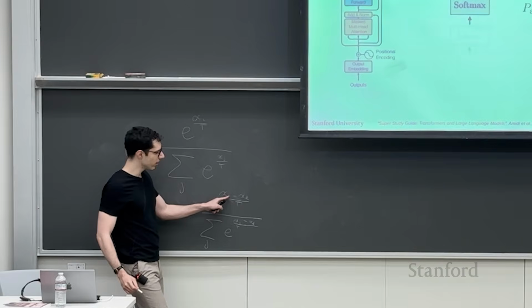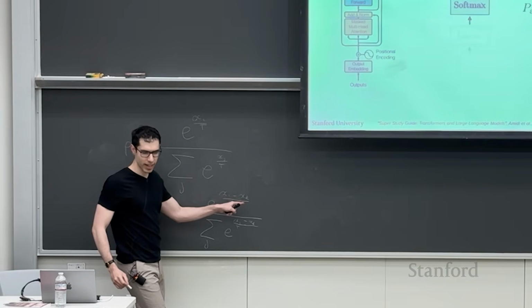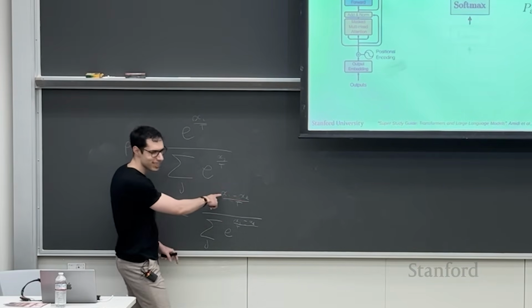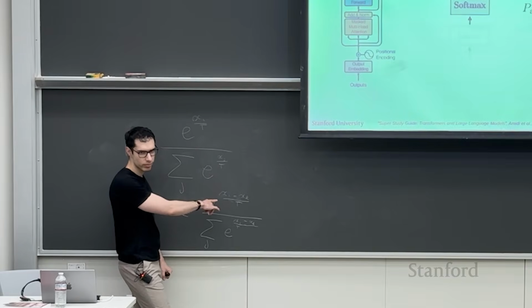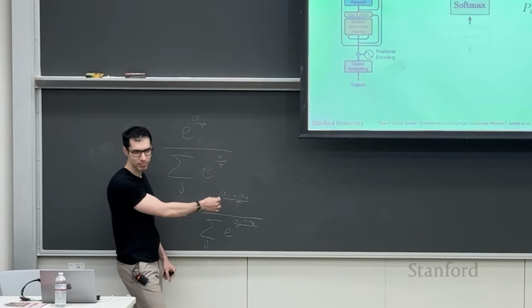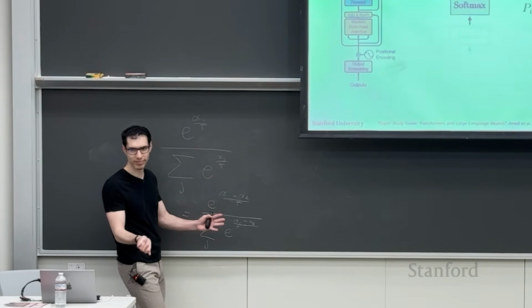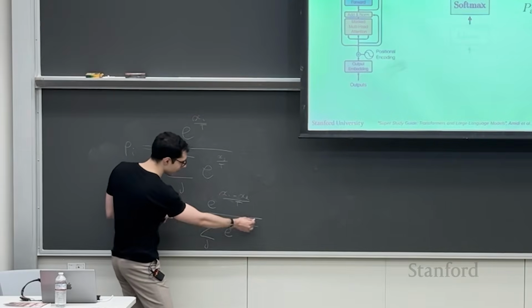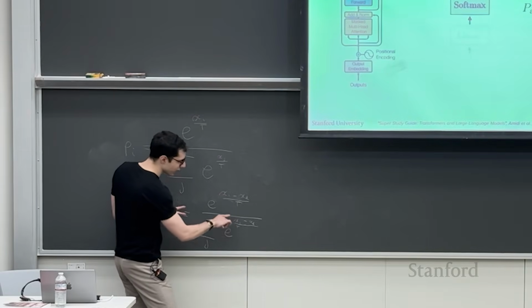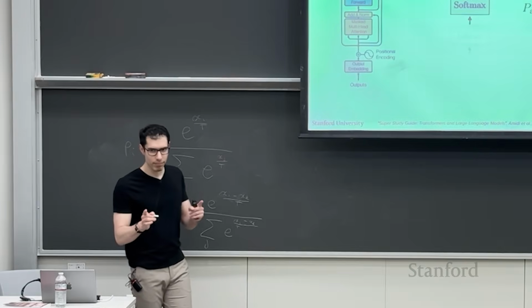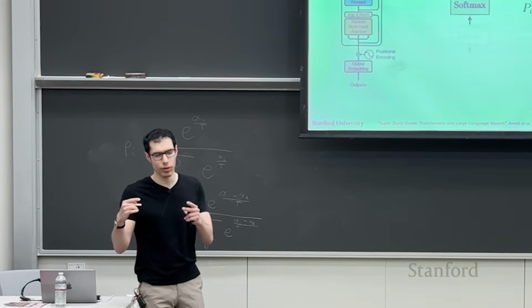So when i is equal to k, this term is exactly 0, regardless of the temperature. And here, xj minus xk is always negative or 0.